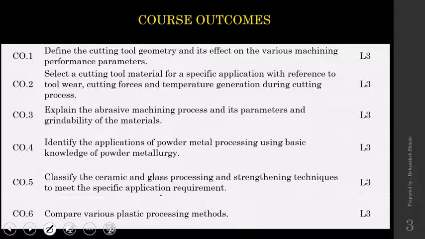All those things we are going to discuss. So here it will be like comparing all those processes with each other, and if you can do that, it can be said that you have attained CO number 6.